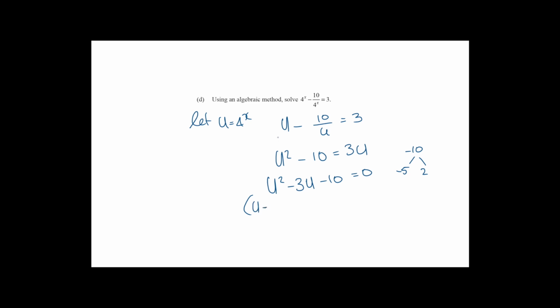So u plus 2, u minus 5 equals 0. So either u equals negative 2 or positive 5.